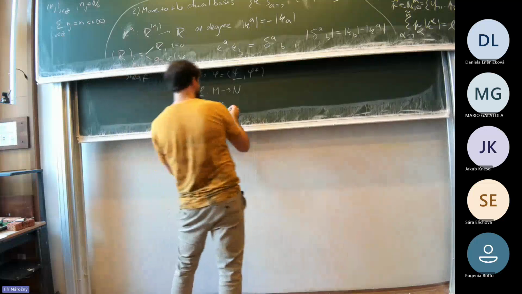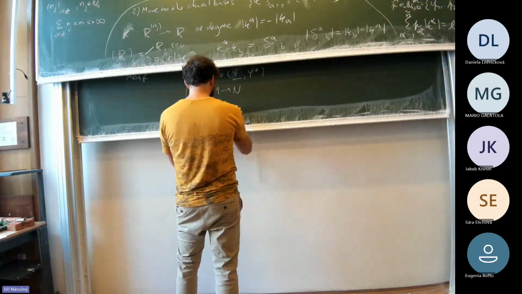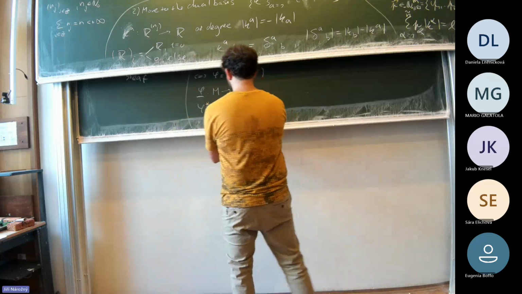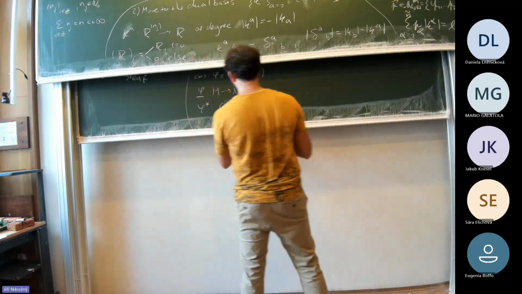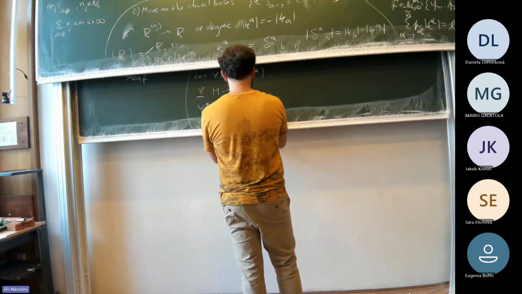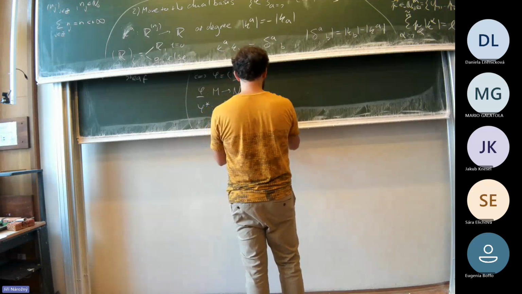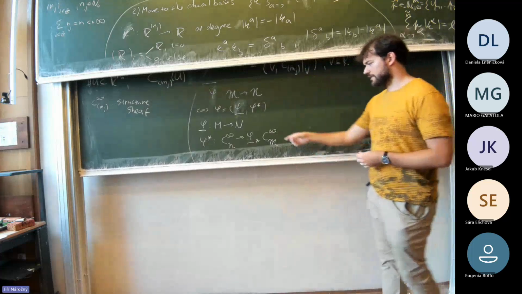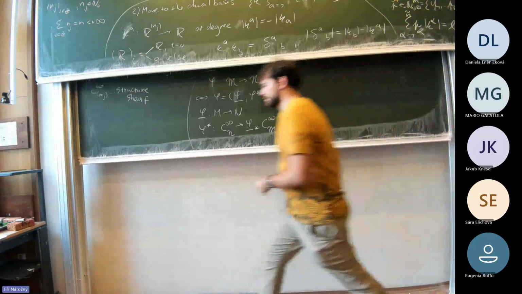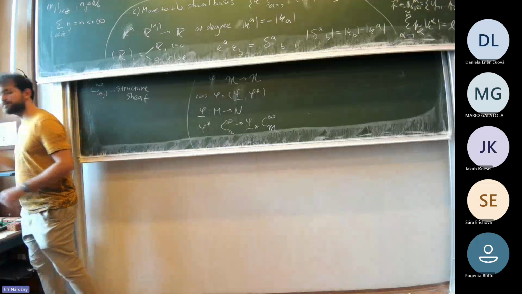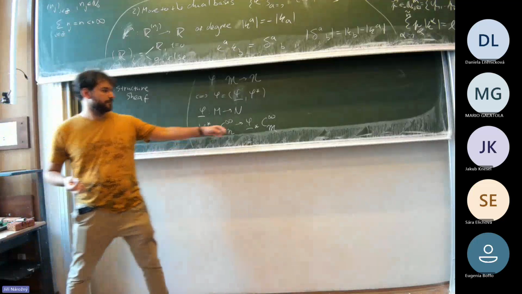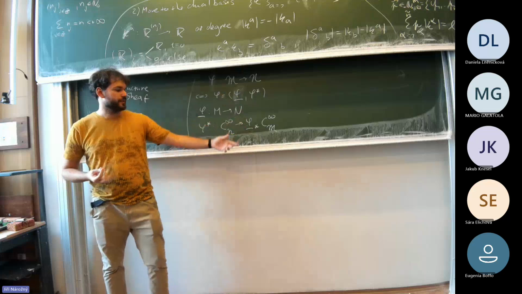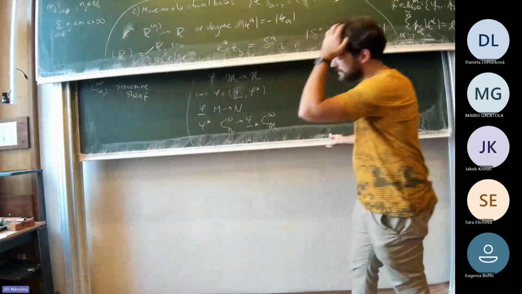We call it pullback, but what it is, it's a sheaf morphism between the structure sheaf on the target manifold and the pushforward of the structure sheaf on the source manifold. So this is a sheaf morphism, and for every open subset, this needs to be an algebra morphism. It needs to be linear and preserve the product.